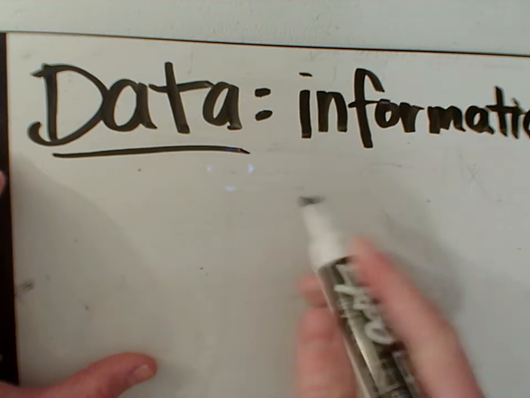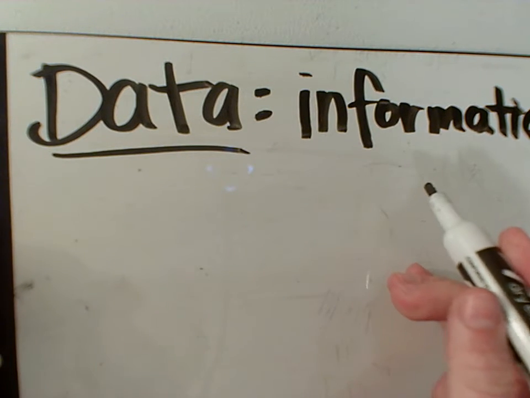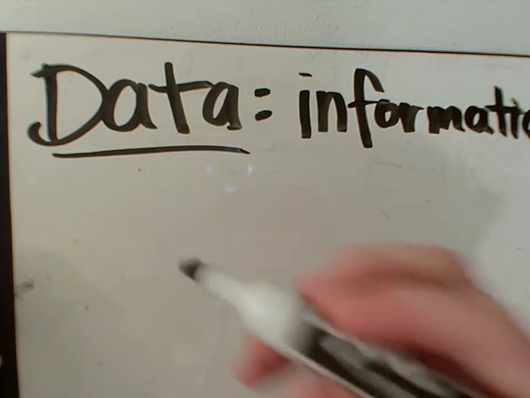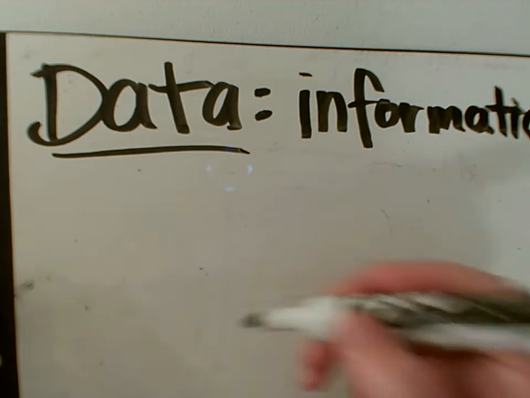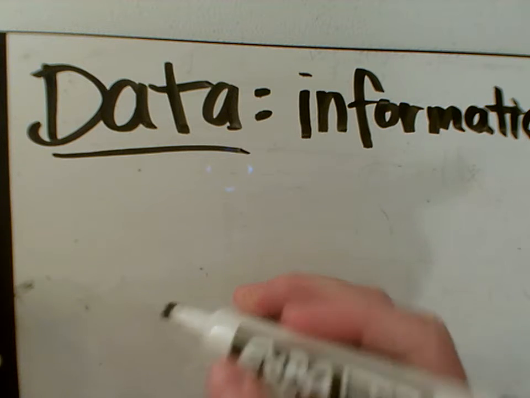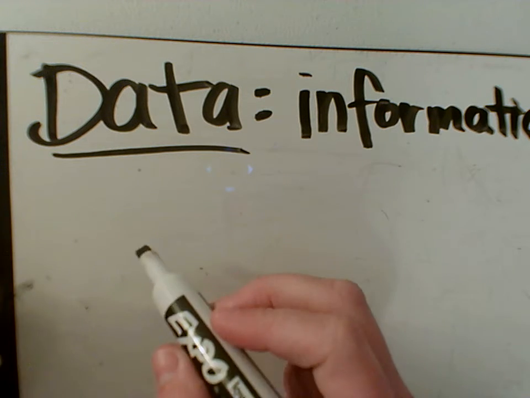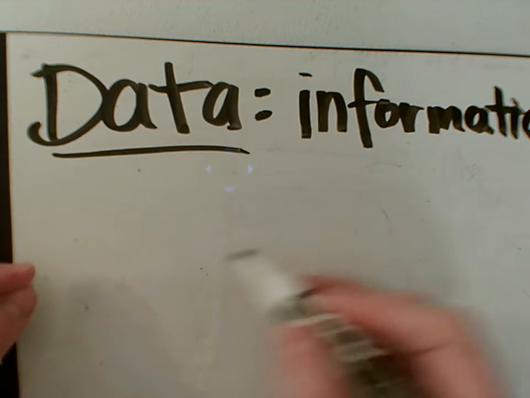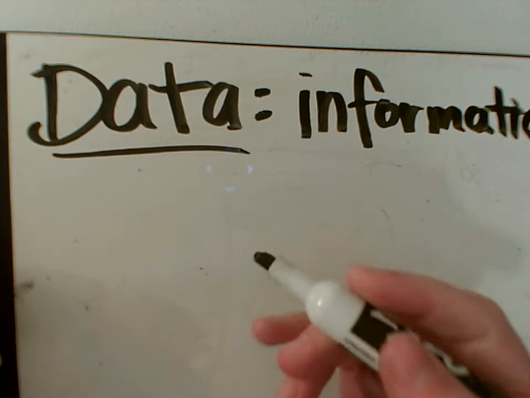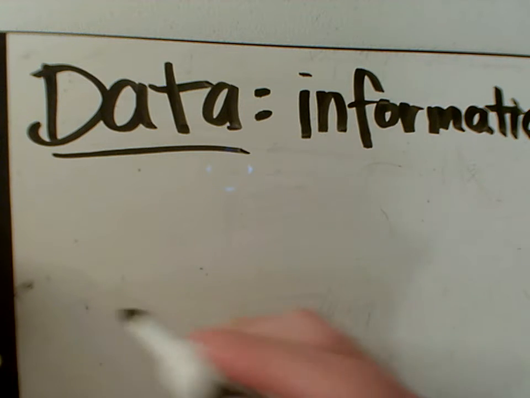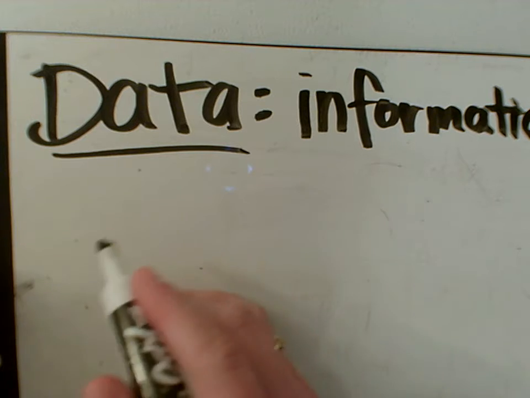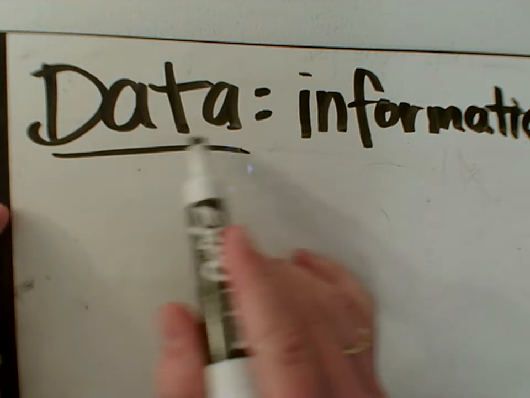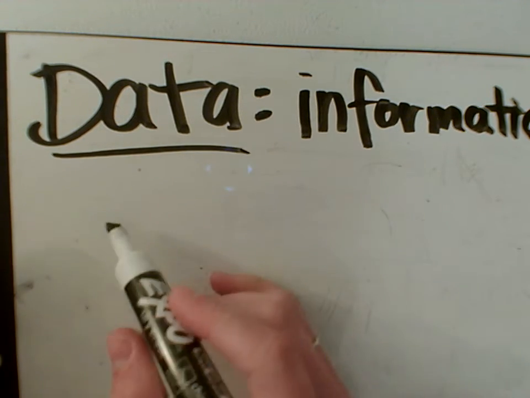And this information normally has to do with numbers of certain things, such as when we take the lunch account every day, the data shows how many of you are having hot lunch, what's the number of students that are having cold lunch or PB&J sandwich. So that is data that Miss Sitchy collects every day.